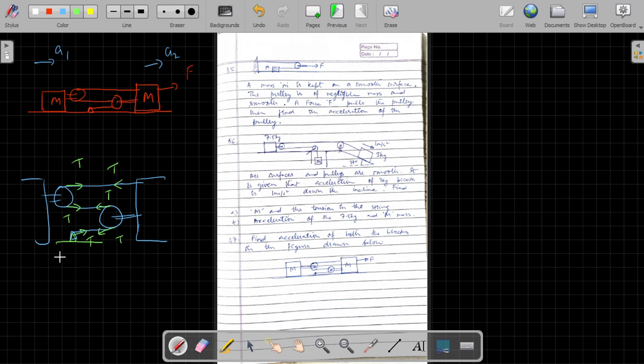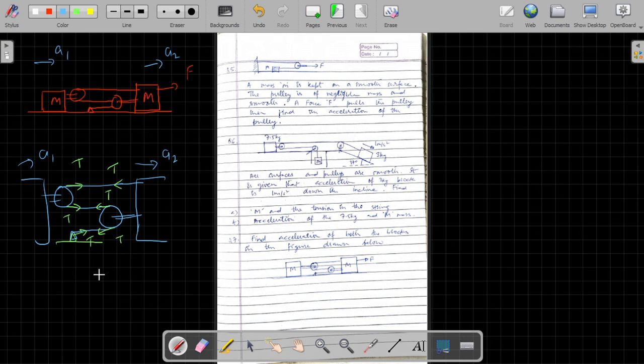But since there is only one string, we don't have to decide in this case. Otherwise, we already know the string which is connected to the most amount of blocks, that string is taken. So let's say the acceleration of this block is A2, this block is A1, that is what we have already chosen.